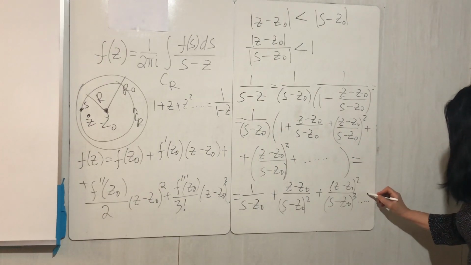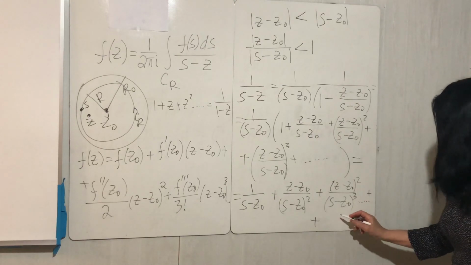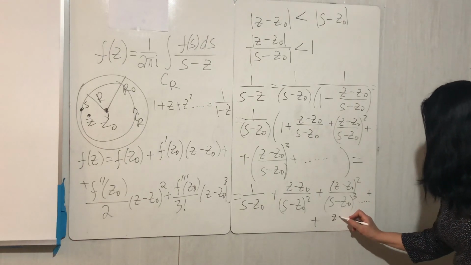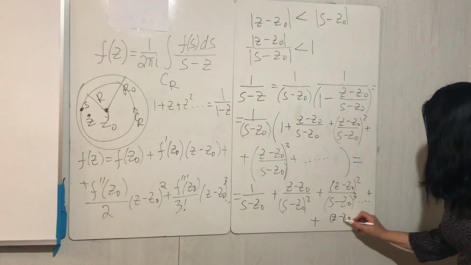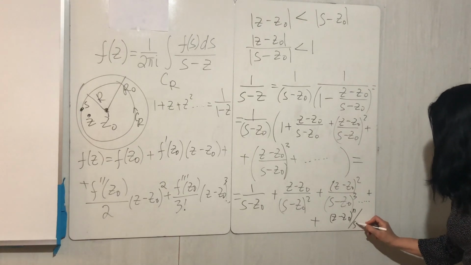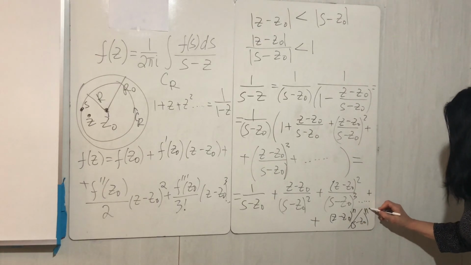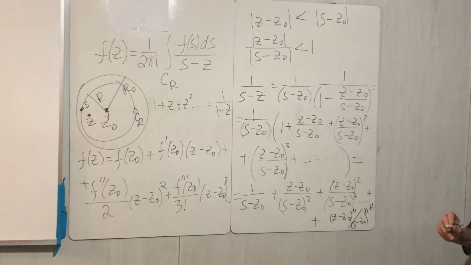So let's add just the nth term. The general term would be (z minus z sub 0) to the power n divided by (s minus z sub 0) to the power n plus 1.